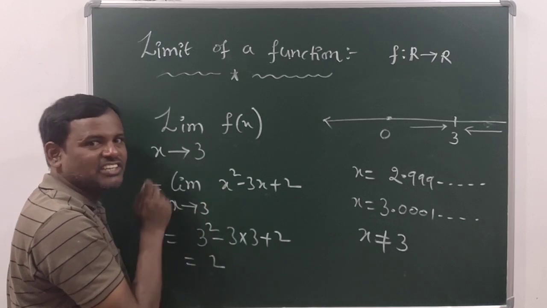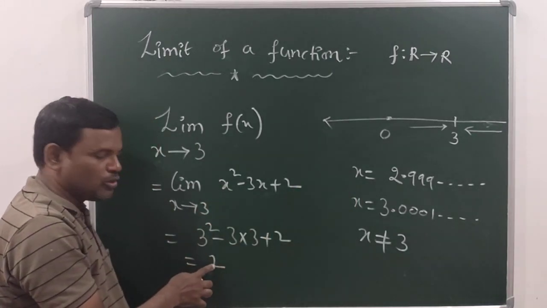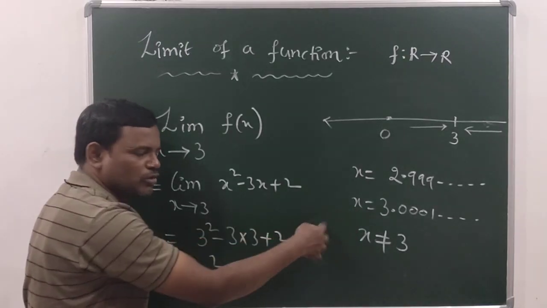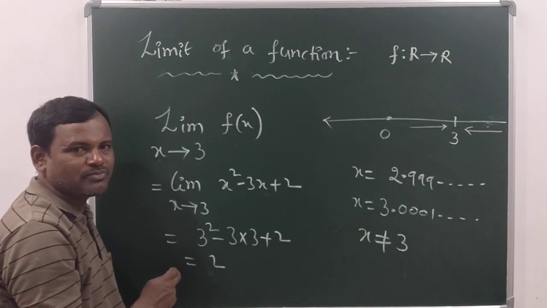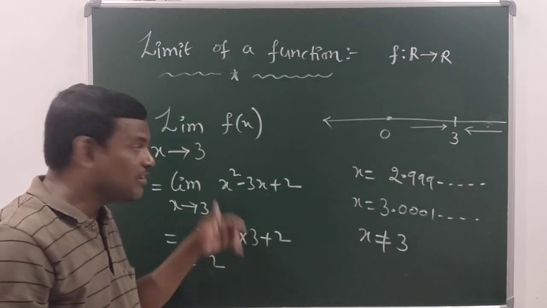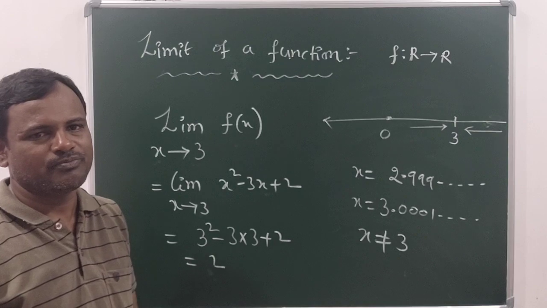Suppose it is a decreasing function, when you put x value 2.99, your result will be more than 2. If you take x equal to 3.0001, your result will be smaller than 2. If it is a decreasing function, but your range, the limit of the function, is still 2.